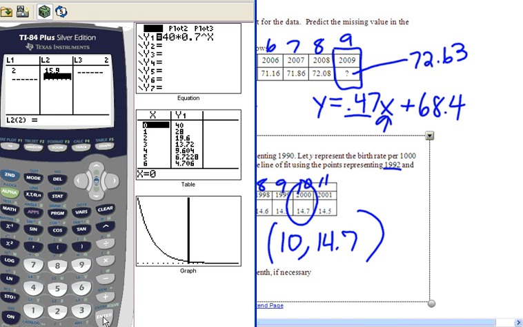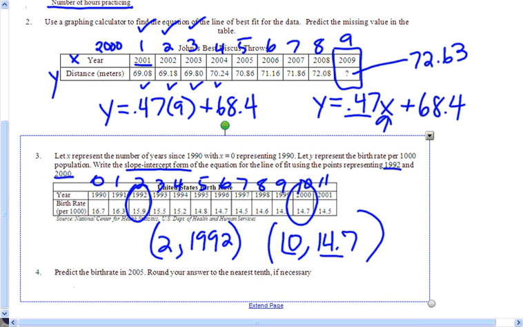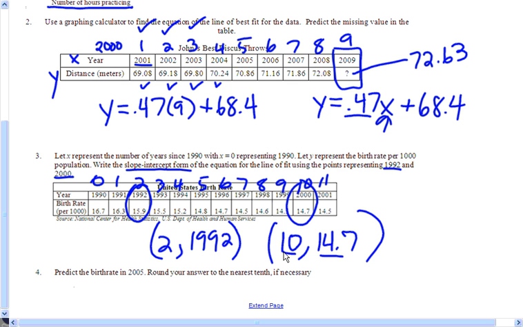Enter. And then the other year we wanted was year 10, 14.7. Whoops, I wrote something wrong here, you guys, didn't I? Sorry about that. I should have wrote 15.9 here. Thanks, Lily. Okay, so 2, 15.9, 10, 14.7.